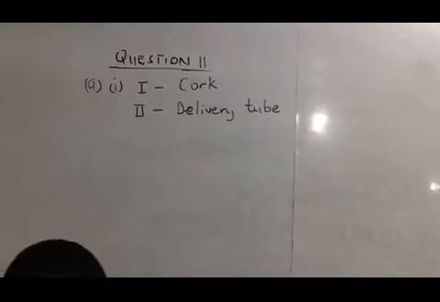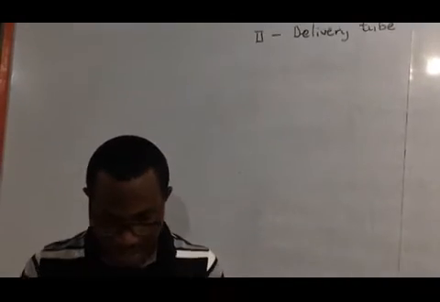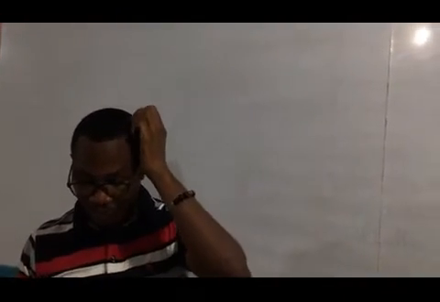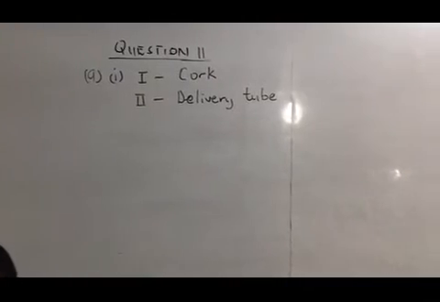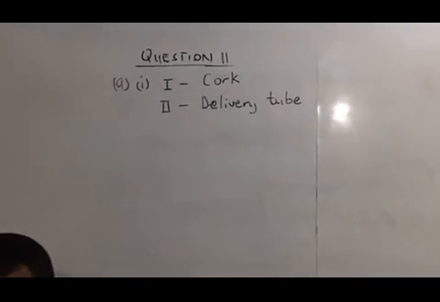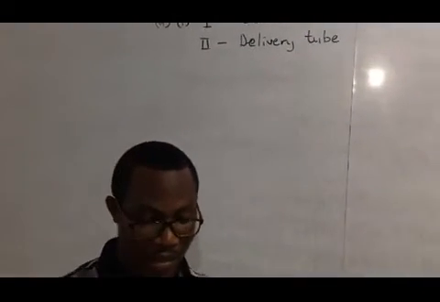Okay, now II, it says name the gas that is being tested for. And then the III says write a balanced equation for the reaction producing the gas. So I told you that for you to identify the gas that is being produced, you have to look at the reactants. From the diagram, the compounds that are reacting there are sodium hydrogen carbonate and dilute HCl.